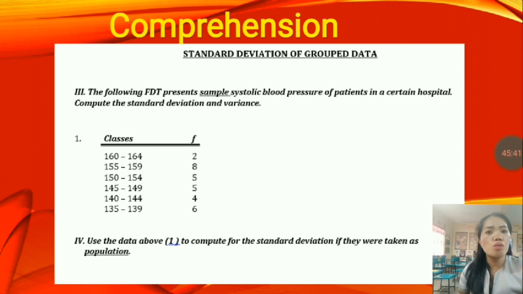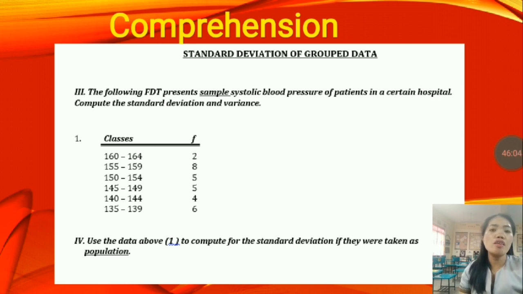So 160 to 164, 2. 155 to 159, we have 8 as the frequency. 150 to 154, we have 5. 145 to 149, 5. 140 to 144, we have 4. Then 135 to 139, we have 6.